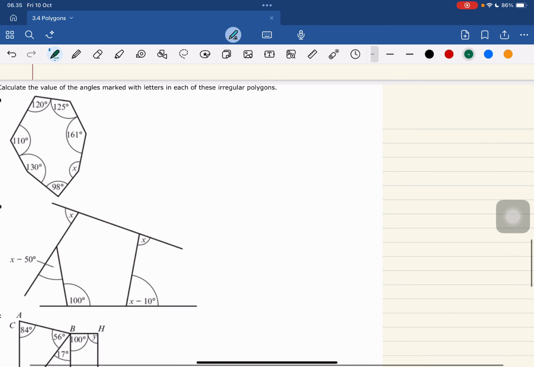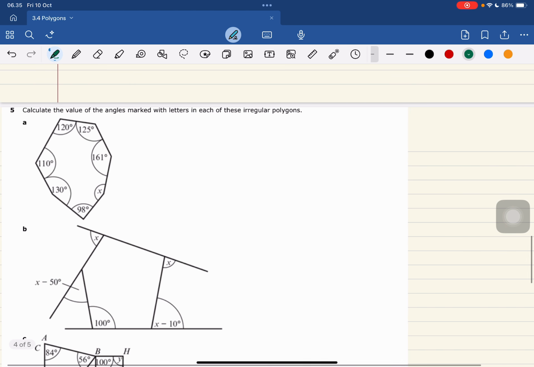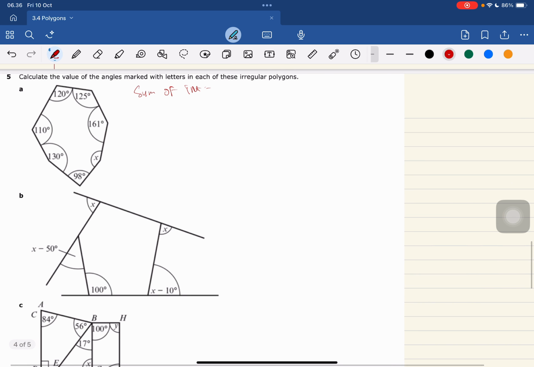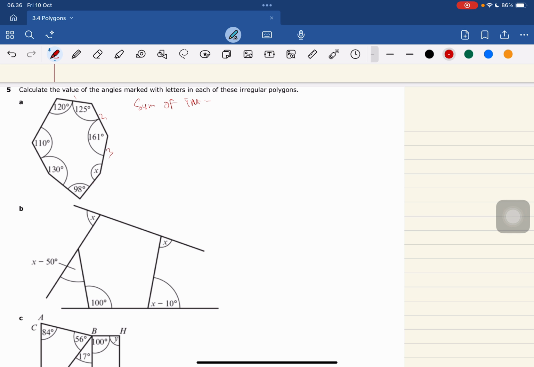Next, calculate the value of the angles marked with a letter in each. To find it, we need the sum of interior angles. So how many sides are there? We have 1, 2, 3, 4, 5, 6, 7. So this is 7 minus 2, and we multiply by 180. So this is 5 times 180, so the total of the interior angles equals 900 degrees.